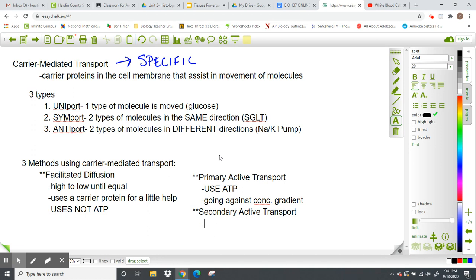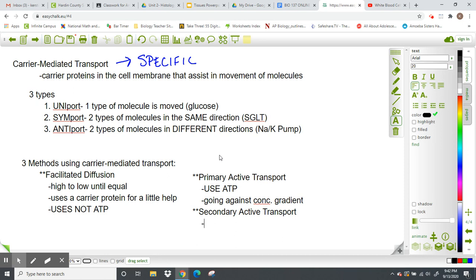What happens is this is going to be a pump that is essentially relying on the gradient created by the active transport pump. The primary one is moving things from low concentration to high concentration, so moving things into a cell that wouldn't normally come into the cell at that particular time.